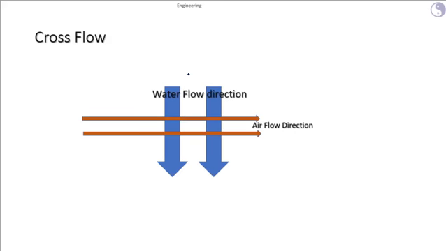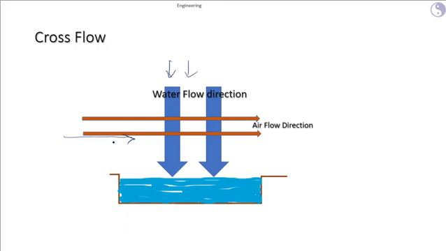In a cross flow cooling tower, the water comes from the top and air flows like this. So they cross each other, and that is why it is called a cross flow type cooling tower. And the cooled water can be reserved in a reservoir or tank, and it can be reused as cooling water again.